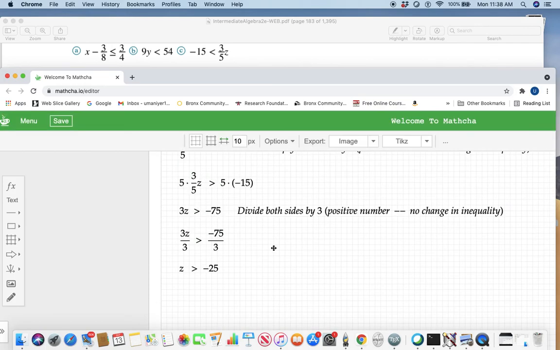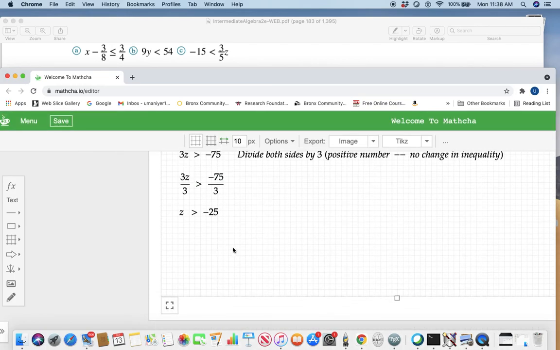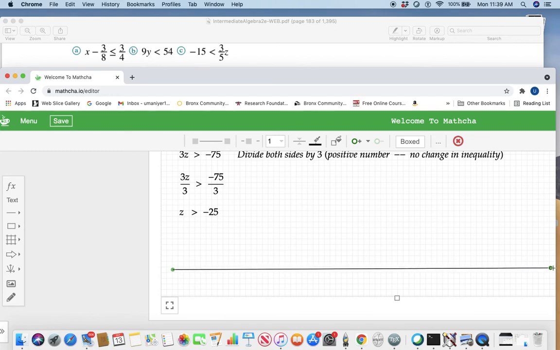At this point, we can graph our solution set. You have a number line. Negative 25 is somewhere here. Notice negative 25 is not included. There is no equality, so this is an open point.